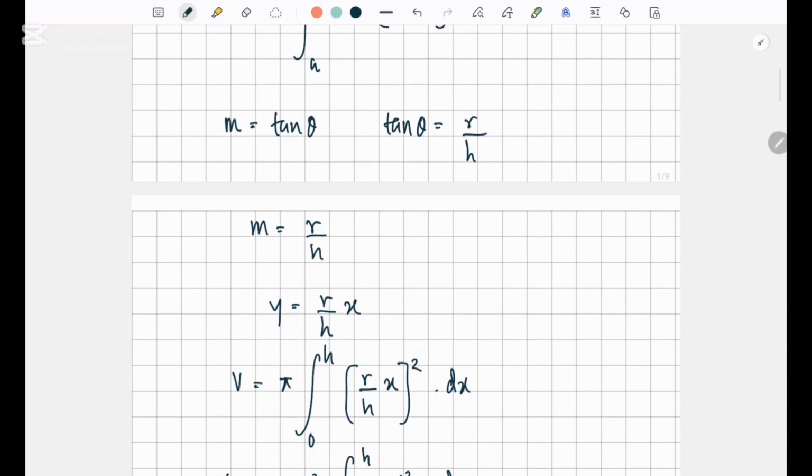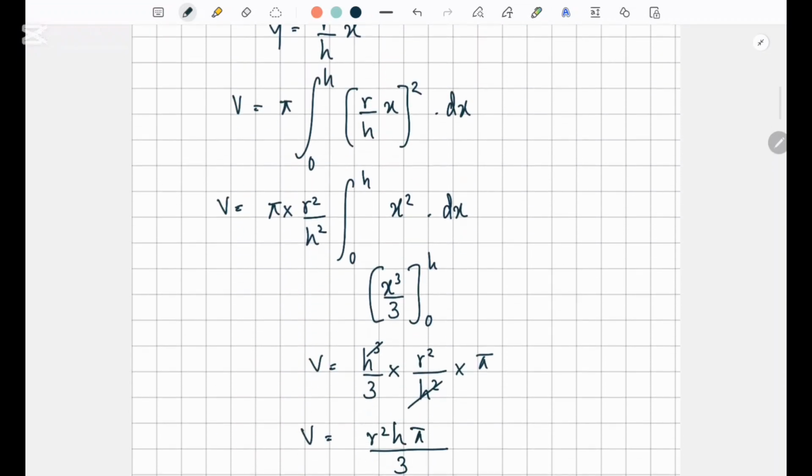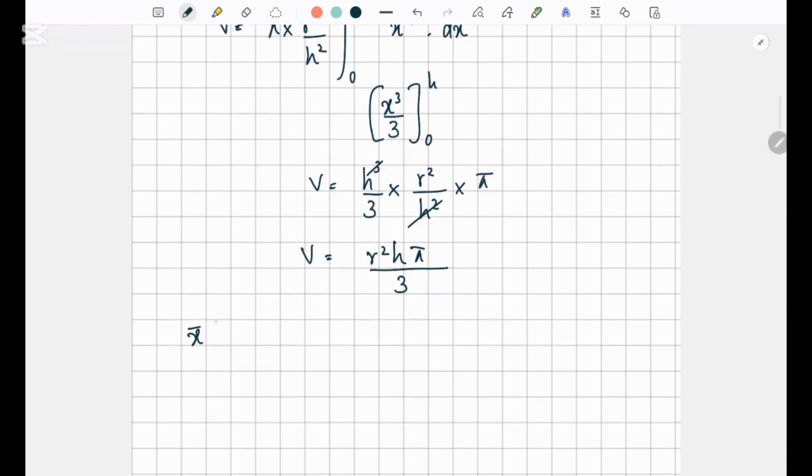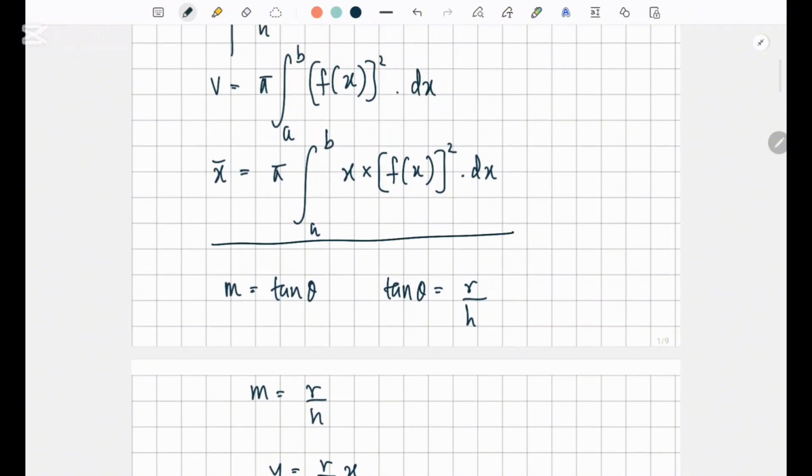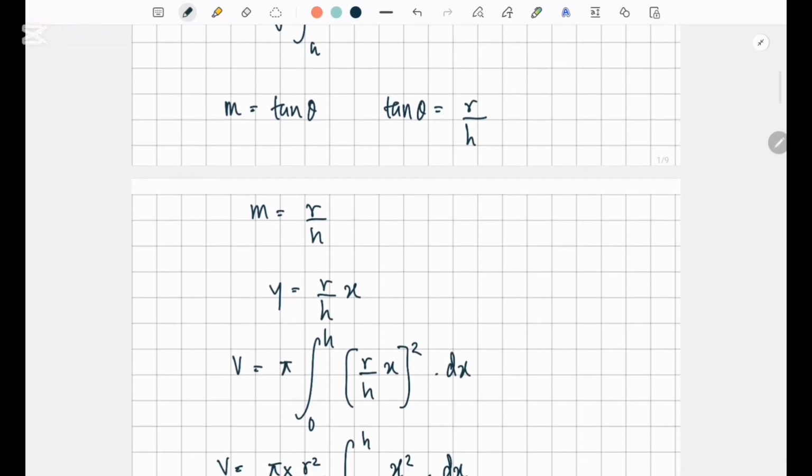Now let's go for the center of mass, x dash. Oh, there's one more thing you guys need to know. In the formula I forgot to write down, it should be pi over v. To find the center of mass, you first integrate, and then you divide your answer by the volume we found previously. I forgot to write that down in the formula.